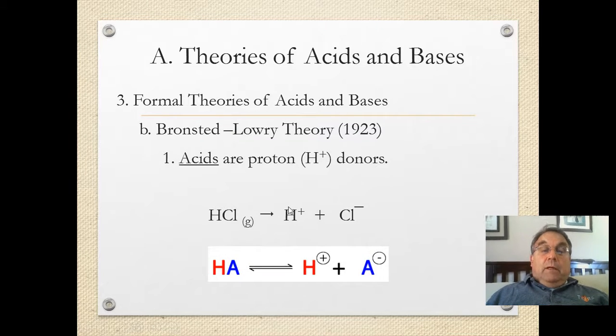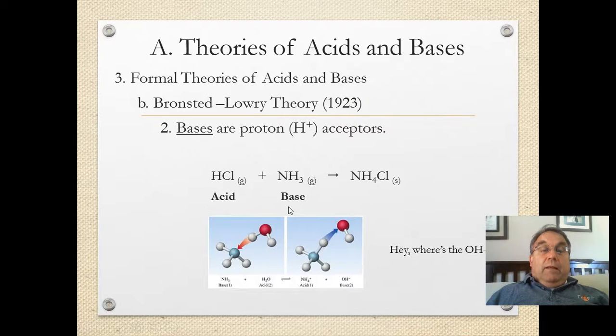Okay. And then the Bronsted-Lowry theory says that bases are proton acceptors. So here we have hydrogen chloride gas reacting with ammonia gas, and the hydrogen chloride donates a proton to the ammonia, and then those two things react together to produce ammonium chloride.